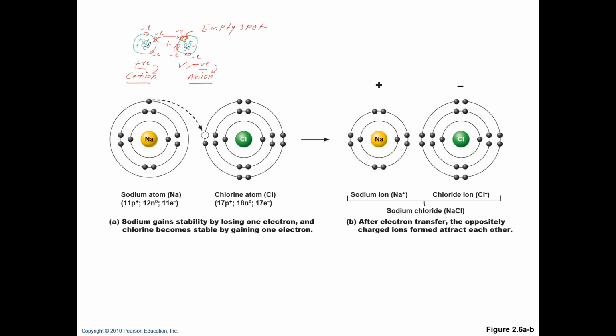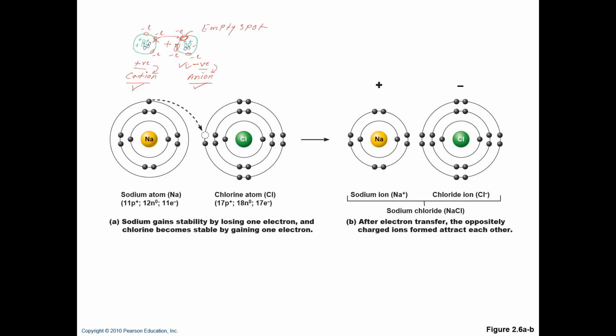So we can say by donating or losing and receiving or accepting electrons, the atoms will become ions. If the atom loses an electron, it will become cation, positive. If the atom receives or accepts an electron, it will become negative, anion.